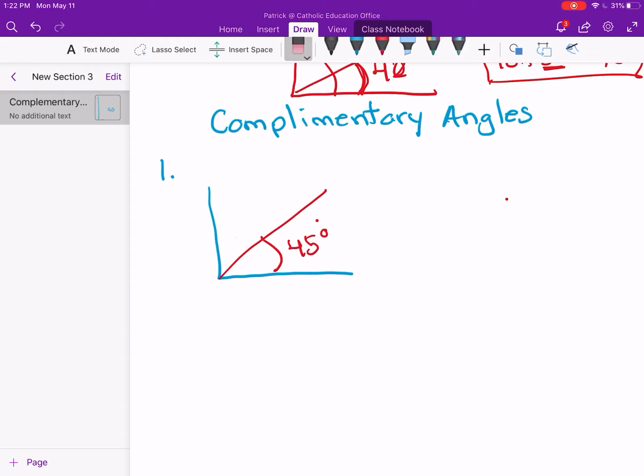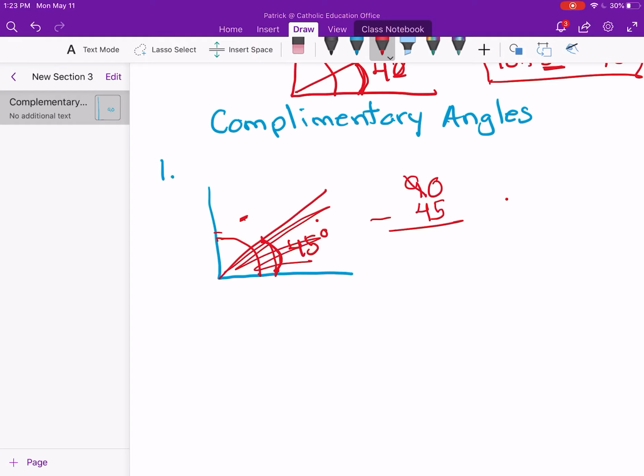I know the whole thing is 90 degrees, and this side is 45. So I'm going to take this side away from 90, from the whole thing, and that will leave this side over here. So 0 take away 5, I can't do it. I have to scratch off that 9.